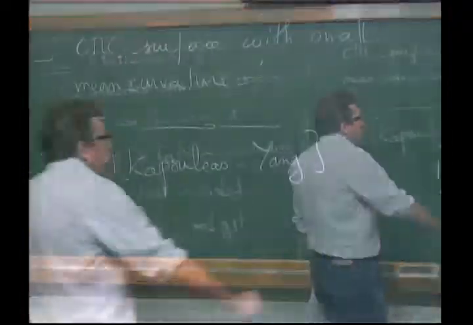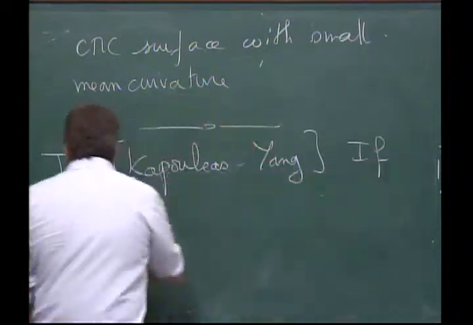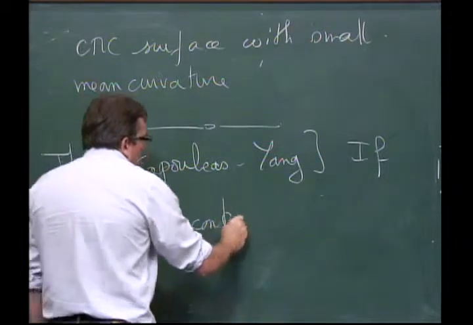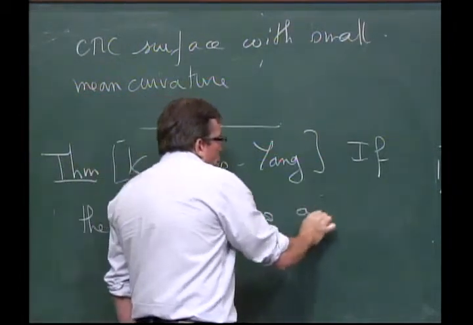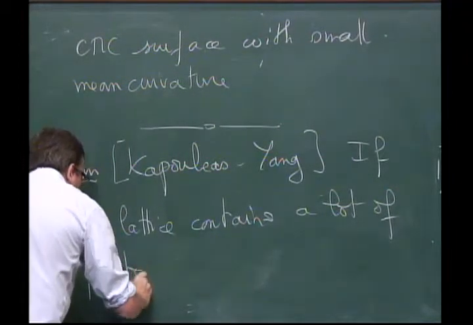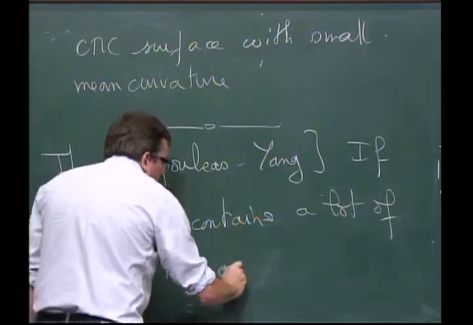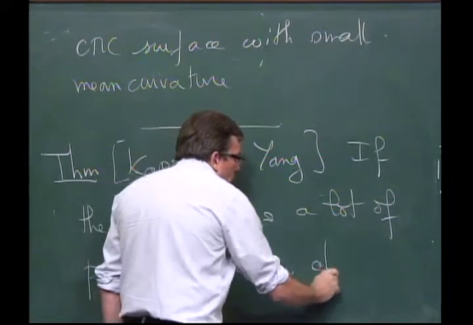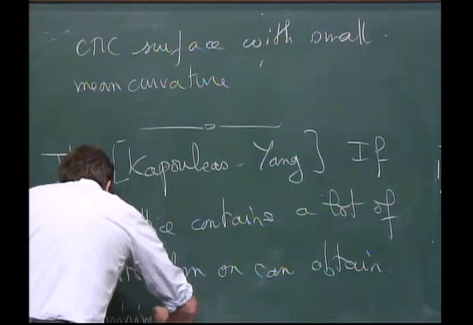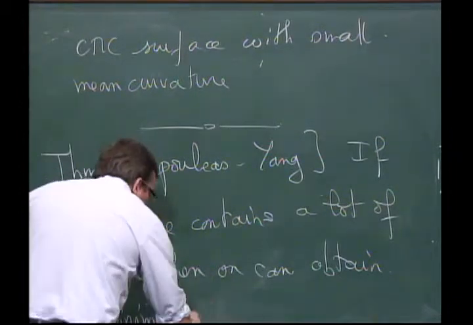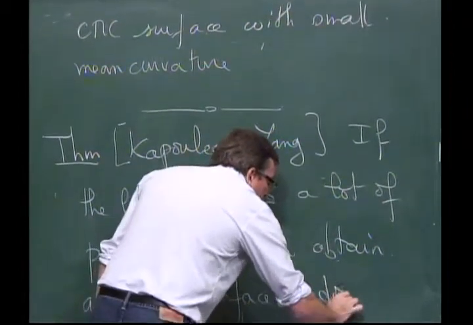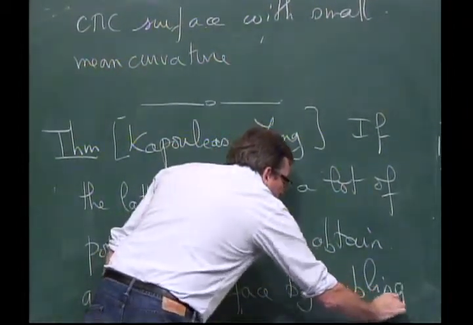So if the lattice contains a lot of points, then one can obtain a minimal surface by doubling construction, by doubling the Clifford torus.